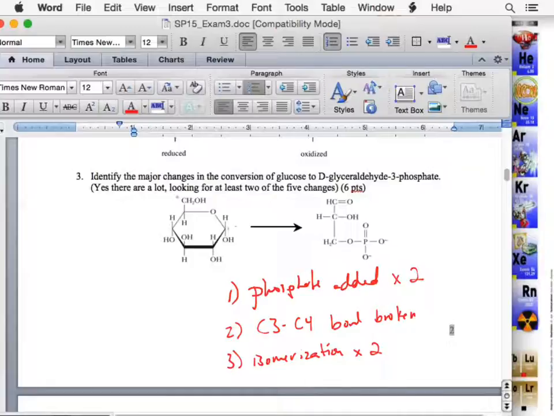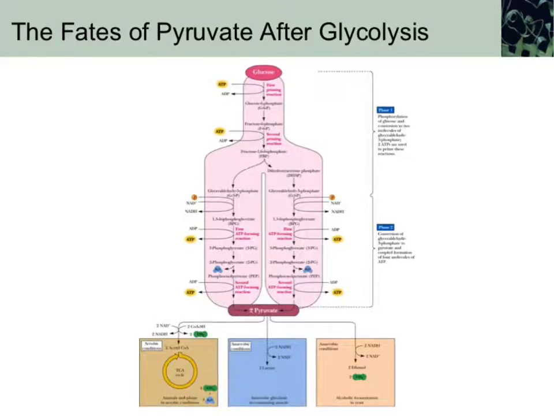Glucose to glucose 6-phosphate to fructose, fructose to. Phosphorylation, isomerization, phosphorylation, cleavage. Oh, you guys are really right. 1, 2, 3, 4. Yeah. Okay, well, show offs. Is that 5? That's 5.